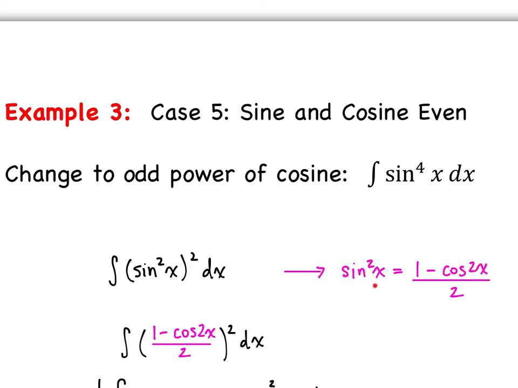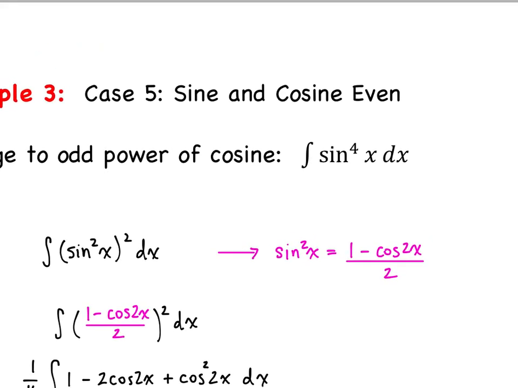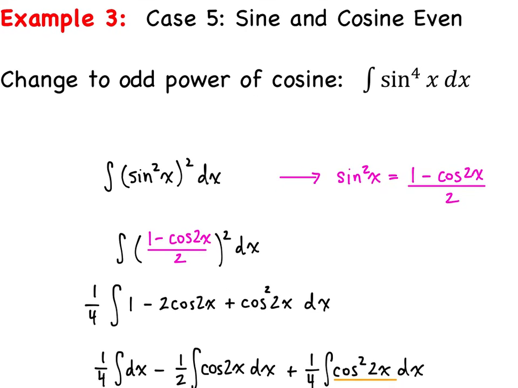Now remember sine squared of x. I don't want to rewrite it as 1 minus cosine squared because we want an odd power of cosine. So we're going to use that other identity where sine squared is equal to 1 minus cosine of 2x over 2. If we use that and we square this quantity, squaring the 1/2 is going to give us the 1/4 out front.